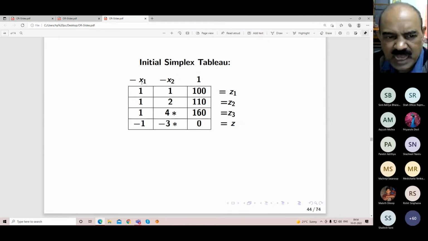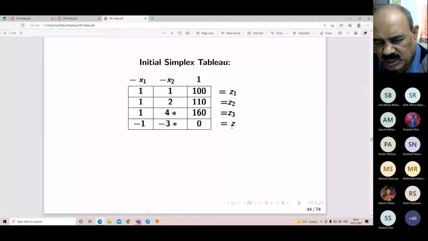Non-basic variables are x1 and x2. And what is Z? Z is nothing but the value of the objective function. Out of the 4 rows, the first, second and third rows are telling about the values of the basic variables, and with respect to x1, x2, they are telling about the values of the non-basic variables.